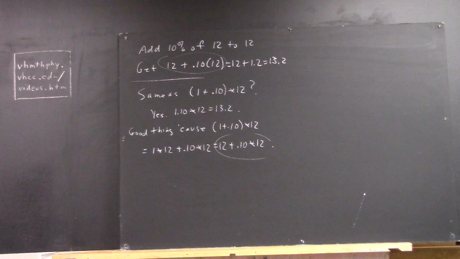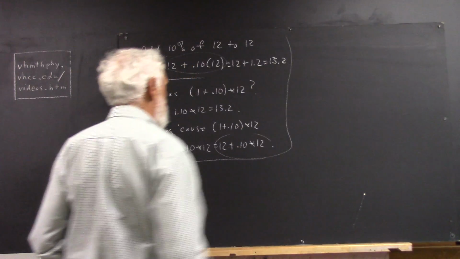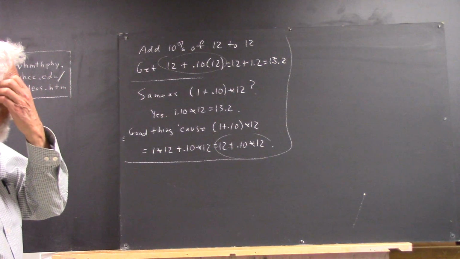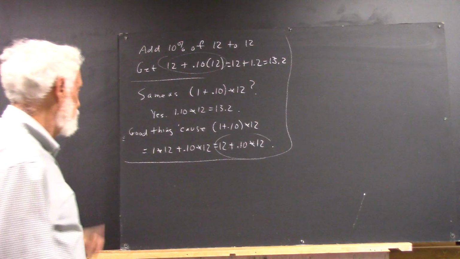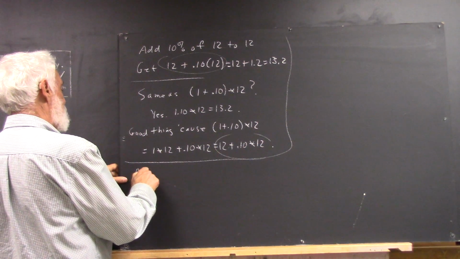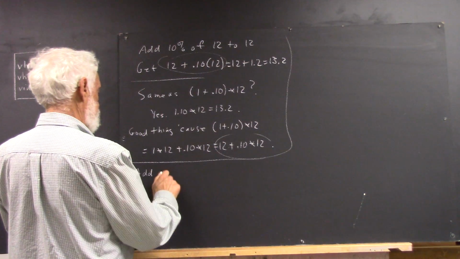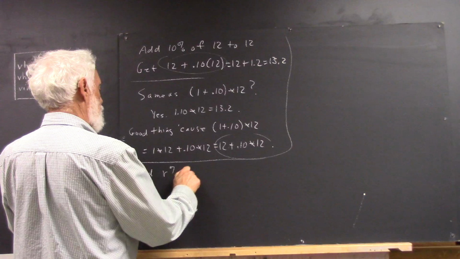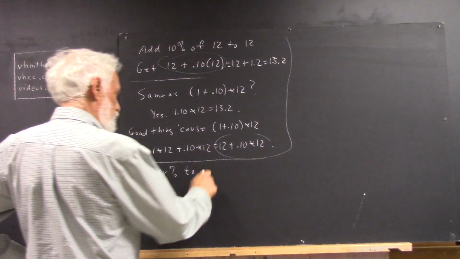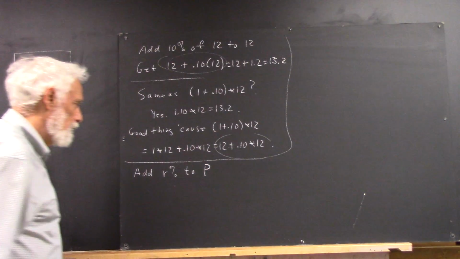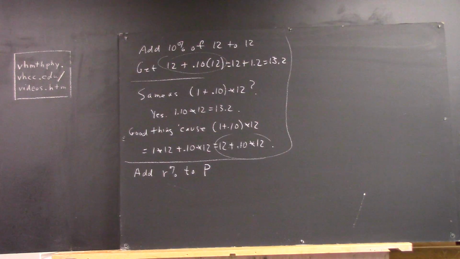You're going to see how important right now. Okay, so we understand adding 10% of 12 to 12. Now if we add our percent to, forget what letter I used, I'm going to just use P. That kind of stands for principal, if you're doing compound interest, for example.